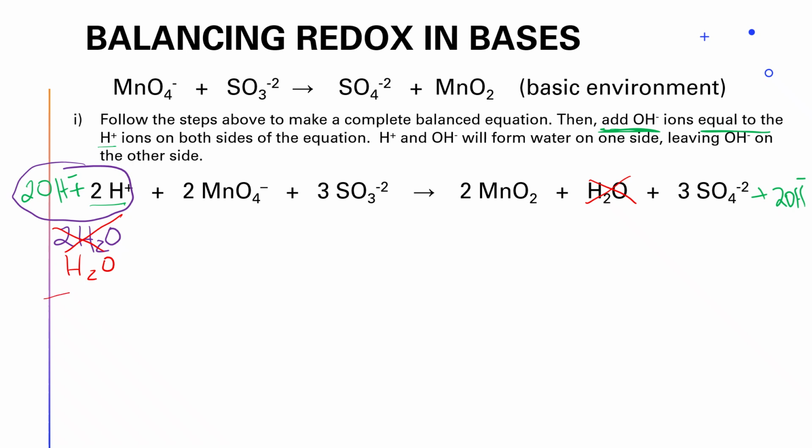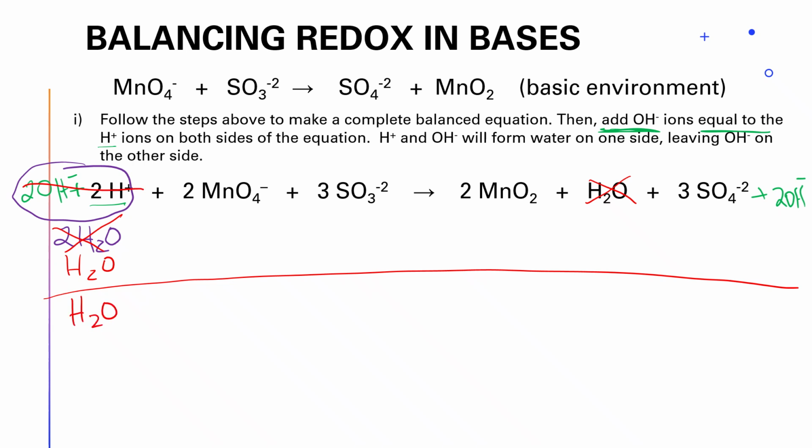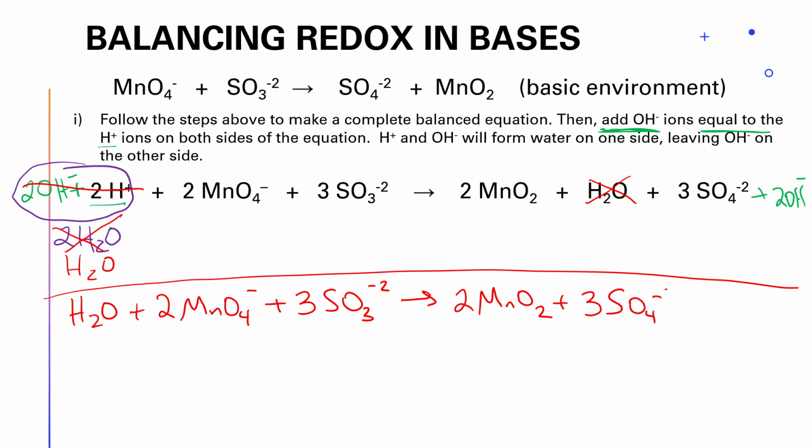So my final overall reaction will have 1 water on the left, no hydrogens because they combine with hydroxide to make water, 2 MnO4-, 3 SO3 2-. On the right, I've got 2 MnO2, no water because it canceled with what was on the left, 3 SO4 2-, and 2 hydroxides.